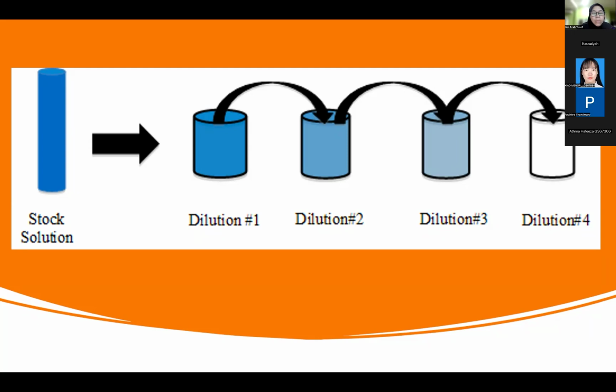But be careful when you dilute, you propagate the error. So let's say you have an error from the stock solution when you are trying to dilute to different concentration. Remember that you might be propagating the error that you start from here. So this requires practice and requires proper glassware, for example, suitable micropipette.